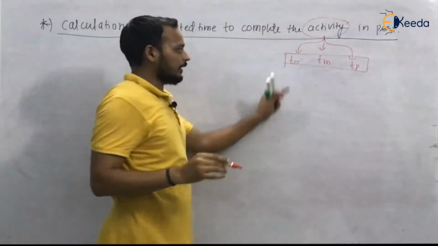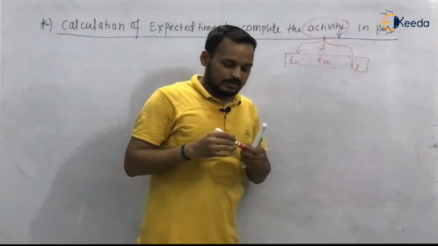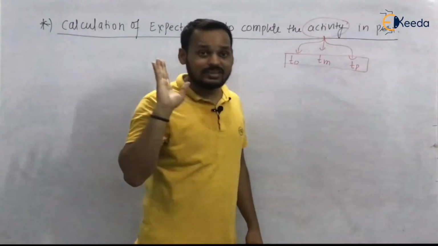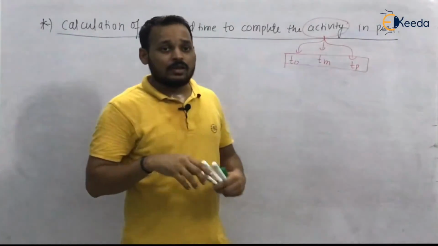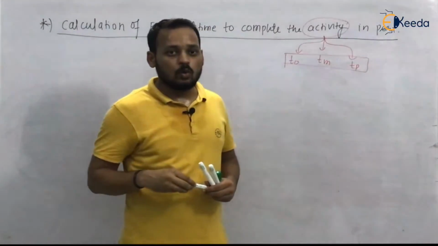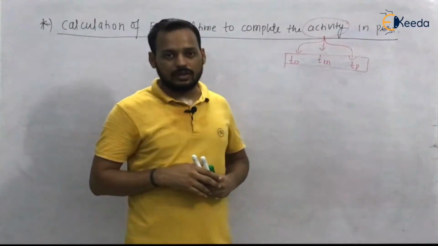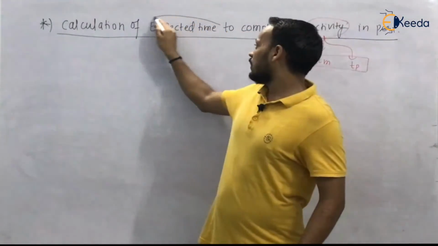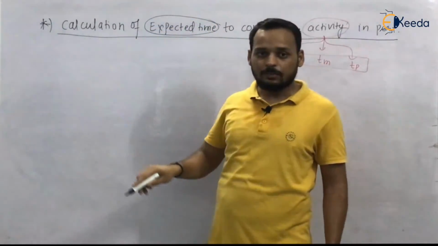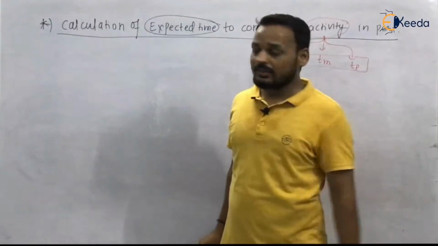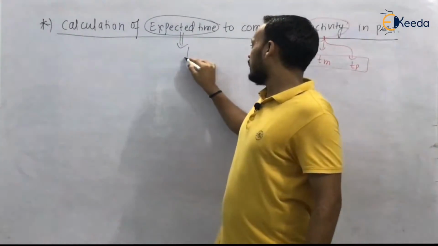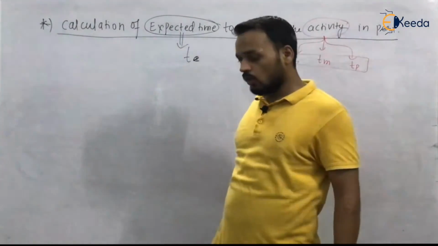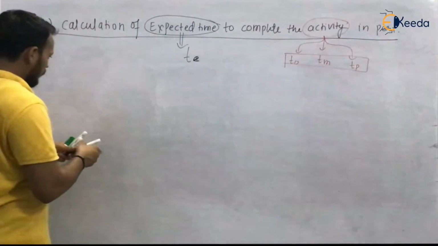You cannot tell about 3 times, you have to tell about a single time, in what time you are going to complete this activity. That time to complete a single activity is known as expected time. It is represented by T subscript E, E for expected. So suppose you have a shaft.